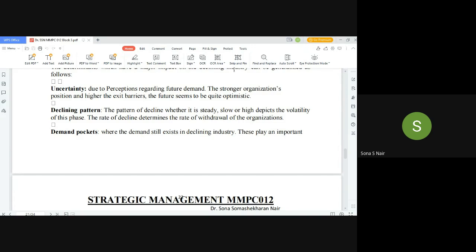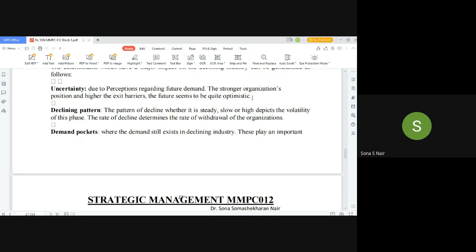What determines that? If there is a lot of uncertainty regarding future demand, then there is going to be a lot of competition among the existing players. The stronger the organization's position and the higher the exit barriers, the future will seem to be quite optimistic. That means if a firm is very strong, has a good market share, and the exit barrier is high. Now, what is an exit barrier?